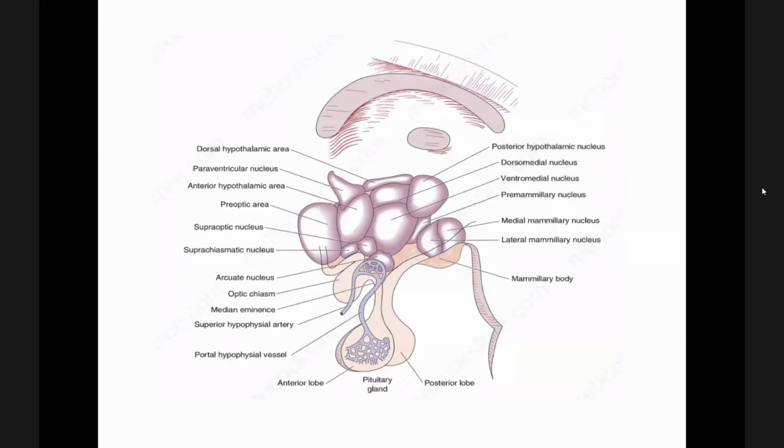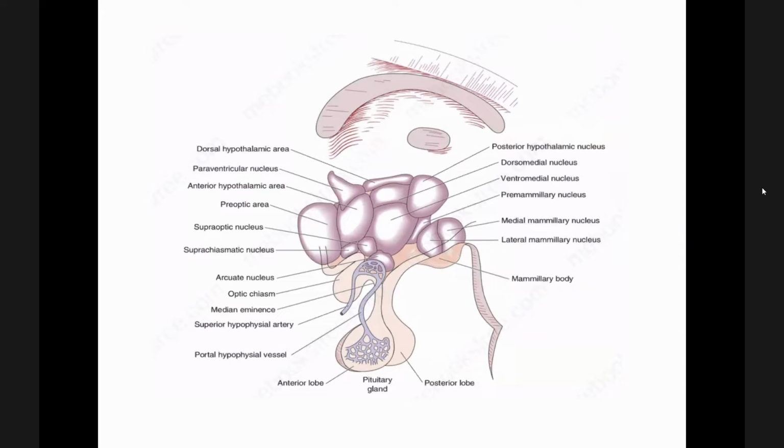you can even see in this picture the parts of the hypothalamus. There are multiple nuclei of the hypothalamus. I hope everybody knows about the function of the hypothalamus. It controls satiety, temperature, weight and all things.